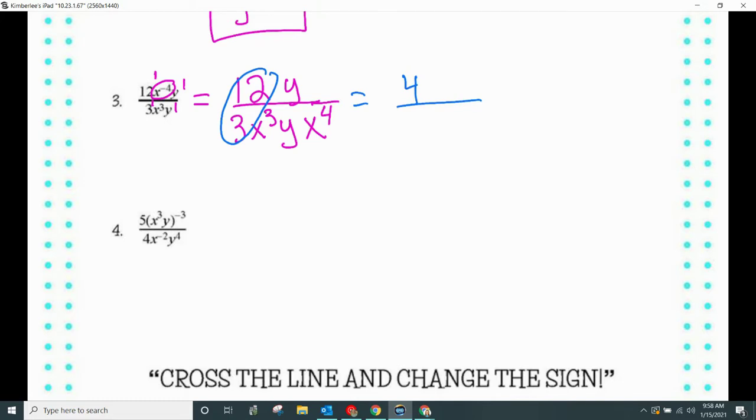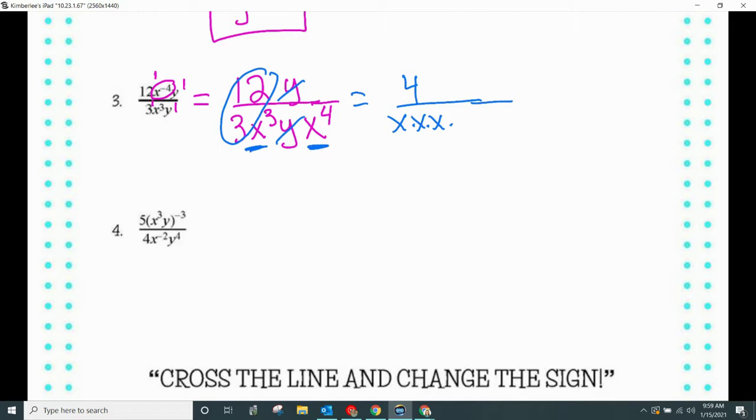And then I'm going to look and I say, well, I have a y on top and a y on the bottom. Those two pieces can cancel. Y over y divides out to be 1. So I'm canceling. And then I look and I say, well, I have 3 x's and I have 4 more. Now there's a shortcut for this, but I'm going to do it the long way first. So that's x times x times x. That's x cubed.